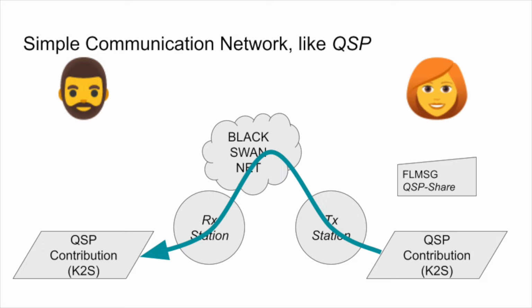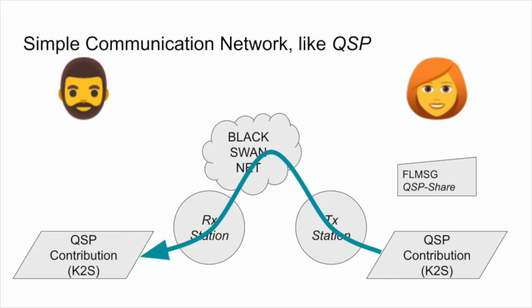Now, the radio operator at the QSP newsletter location has a copy of the K2S file. It is an exact copy of what the author created in the first place. In this way, the radio operators at the transmit station and the receive station, aided by the Black Swan net, are the network being used by the contributor and the newsletter editor.